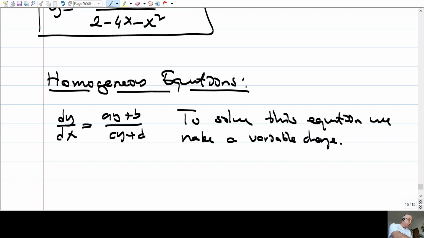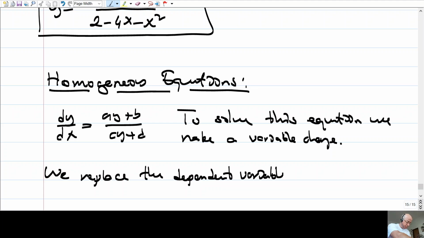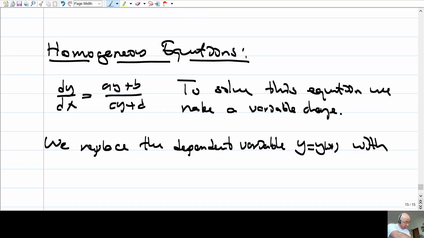What we do is we replace the dependent variable y, where I consider y as a function of x, with v(x), which is just the original variable divided by x.